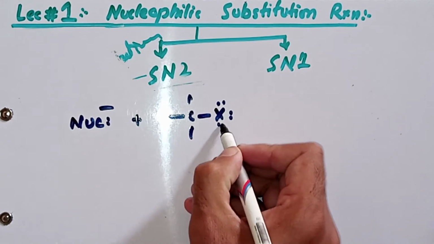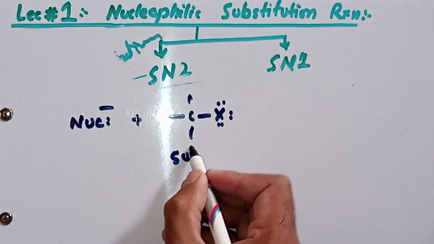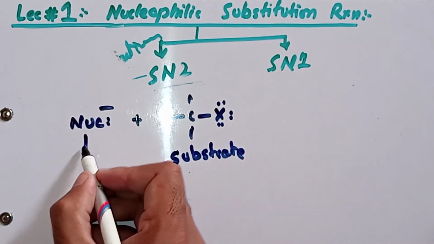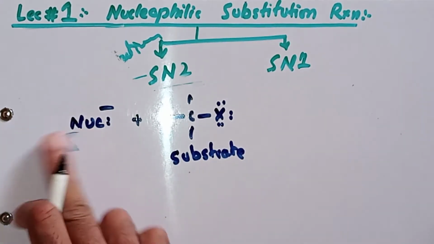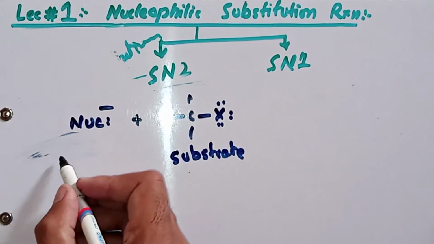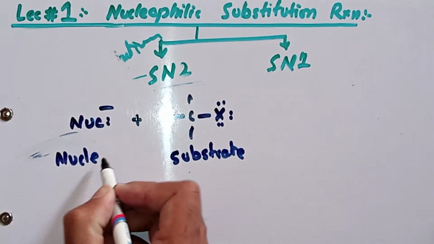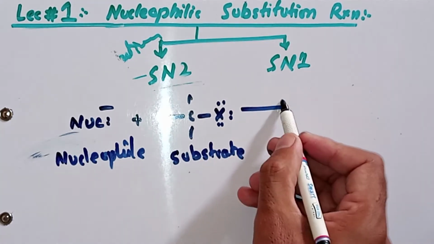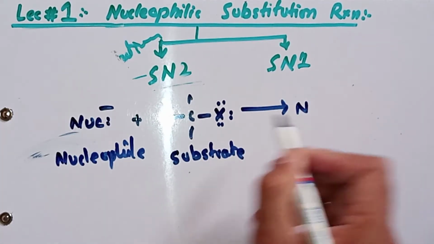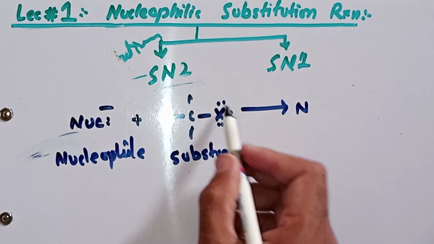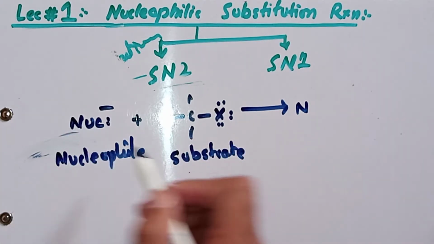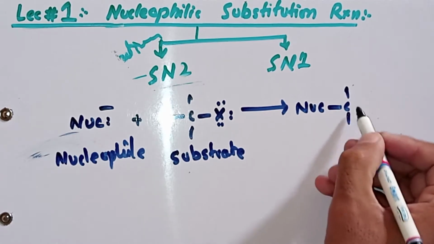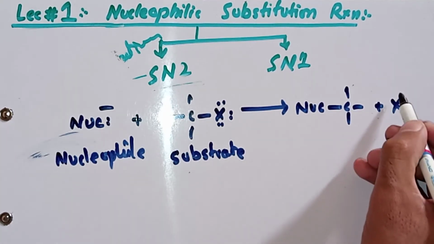This is called the leaving group or halide, this is called the substrate, and this is called the nucleophile. In the reaction, the halide ion is replaced by the nucleophile, so the product will be the nucleophile attached to carbon plus X negative.